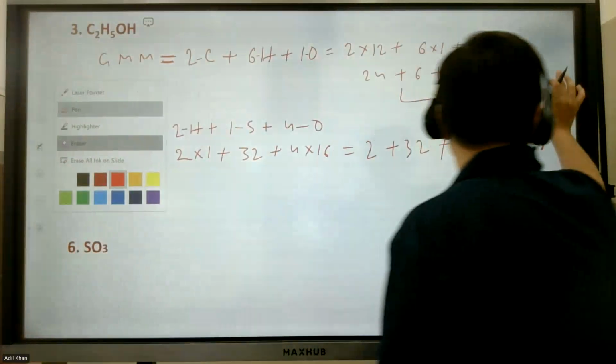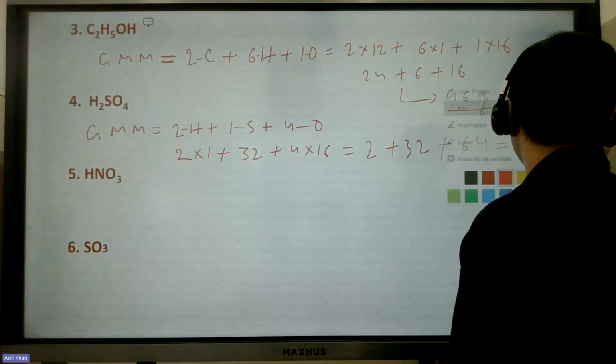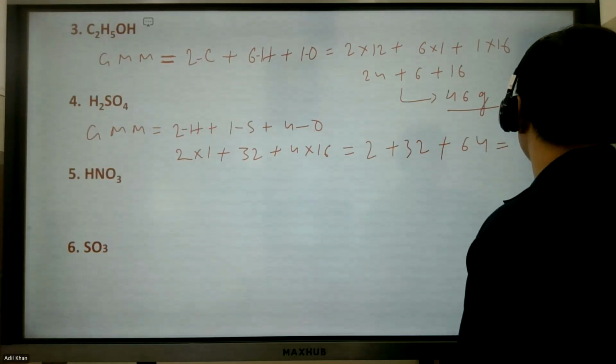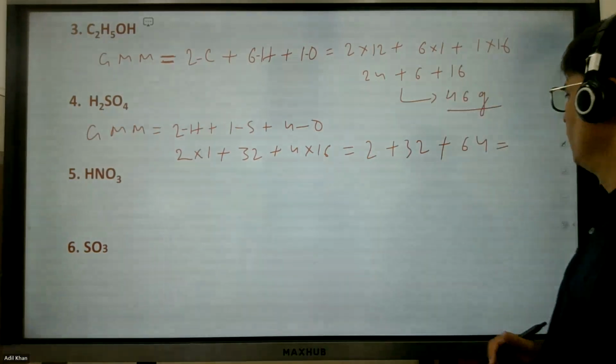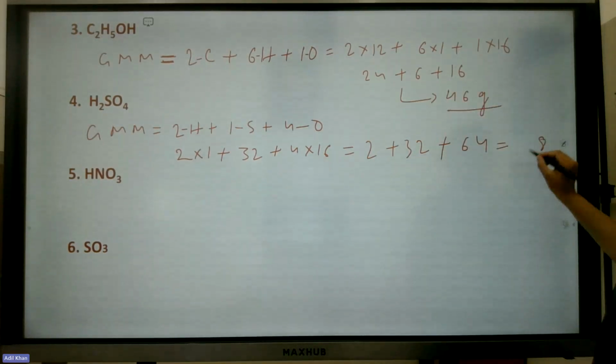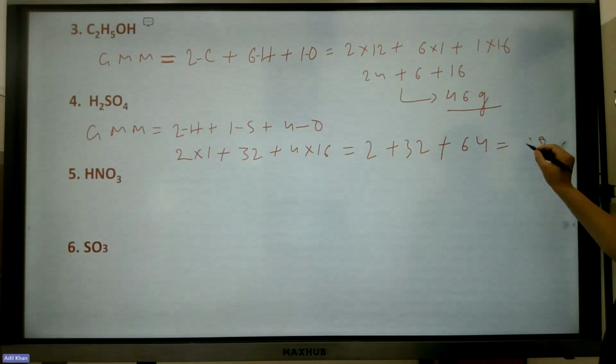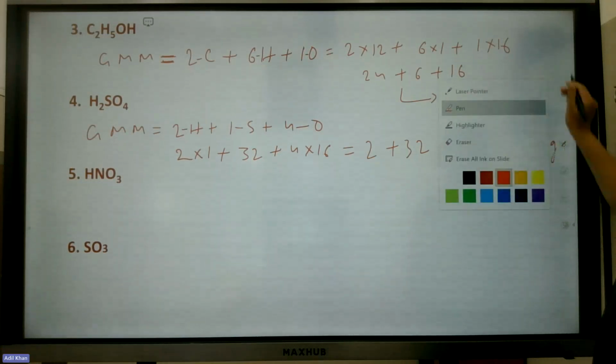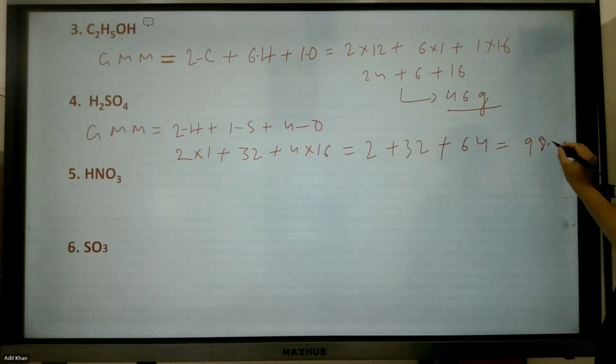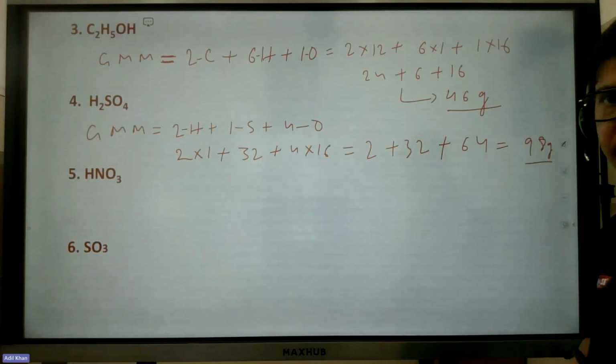How much? It adds up to 98 gram. 98 gram. Are you getting that?